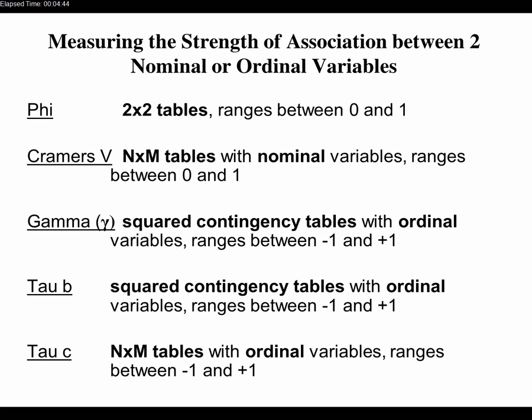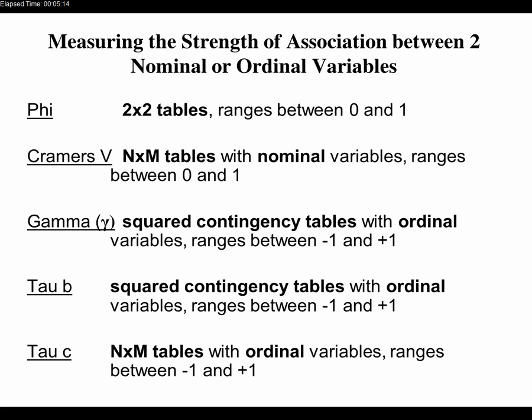Okay, so measuring the strength of association, again, between two nominal or ordinal variables. Here's the summary. Phi is for 2 by 2 tables. It ranges between 0 and 1. Cramer's V is for n by m tables with nominal variables, ranging between 0 and 1. Gamma is for squared contingency tables with ordinal variables. It ranges between -1 and +1.